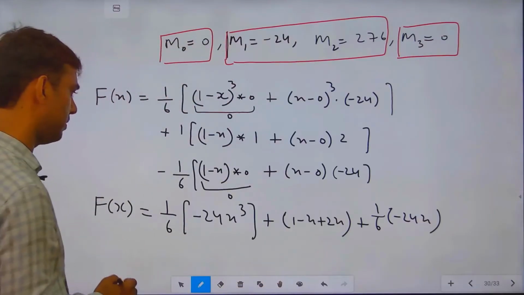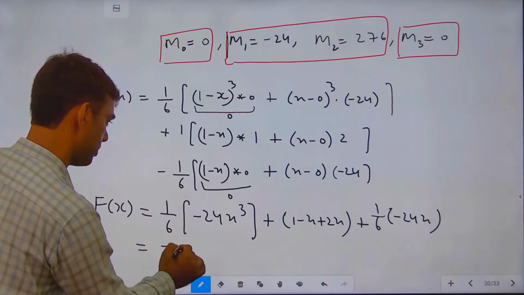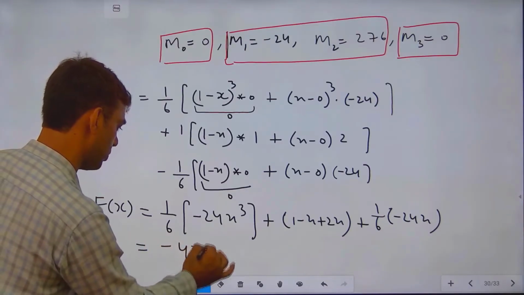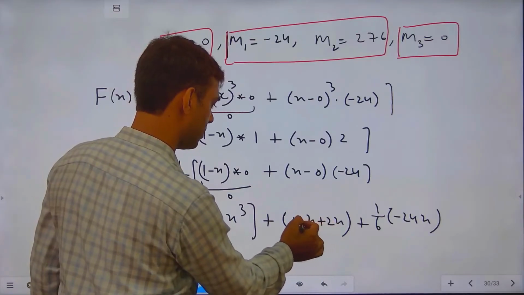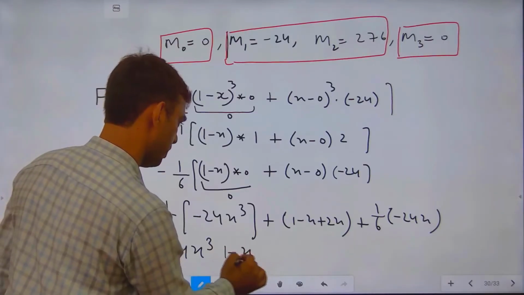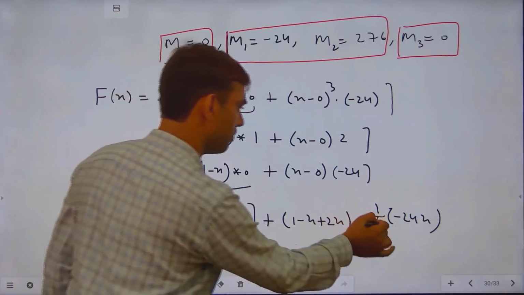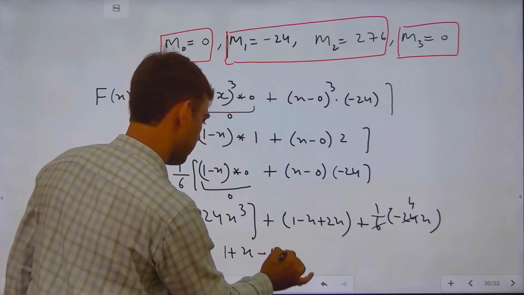So after simplification, this becomes minus 4x cube, and this becomes minus x plus 2x, this becomes 1 minus x, 1 plus x, and this becomes 6 4s minus 4x, minus 4x.